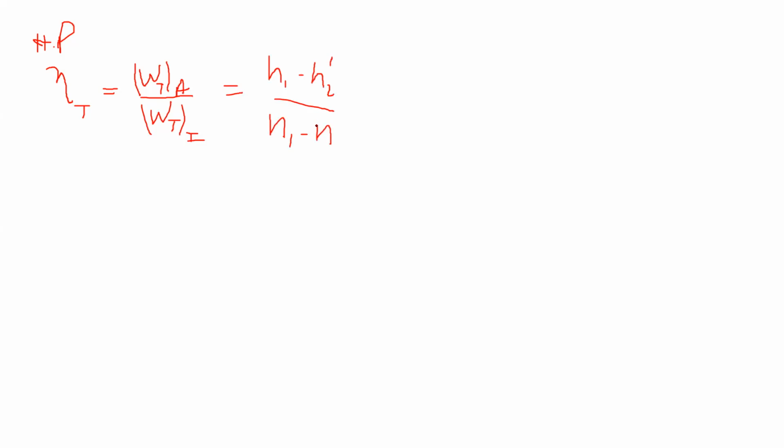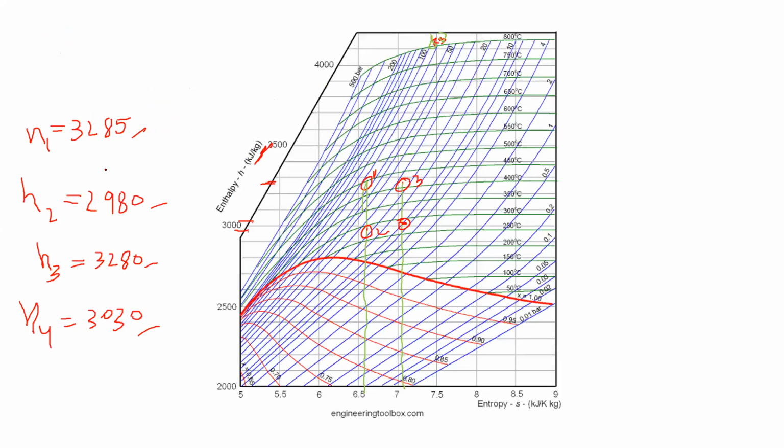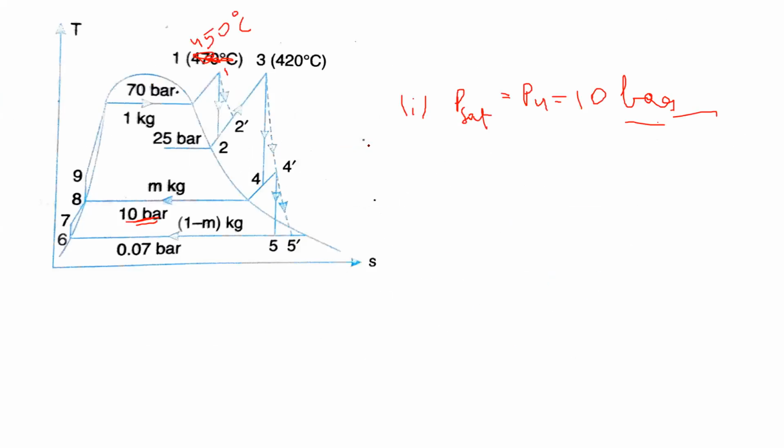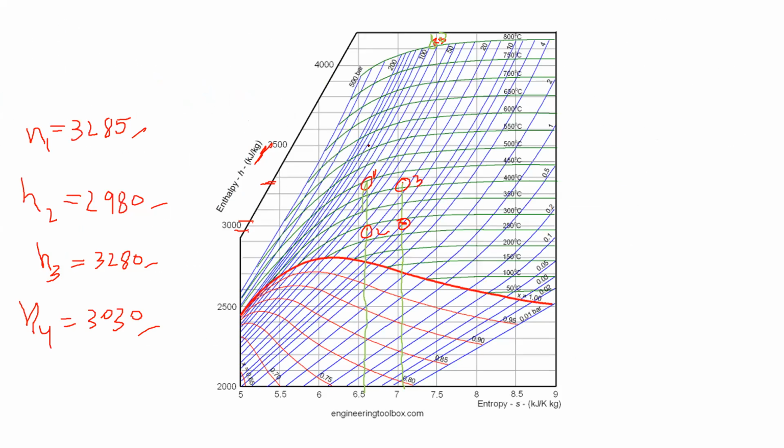Sorry, this is H. Here in the problem, they have given the efficiency of the high pressure turbine as 78.5%, that is 0.785.